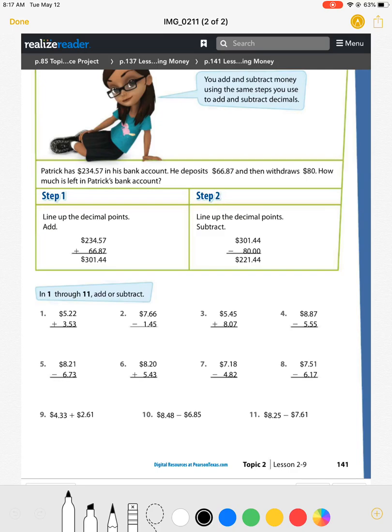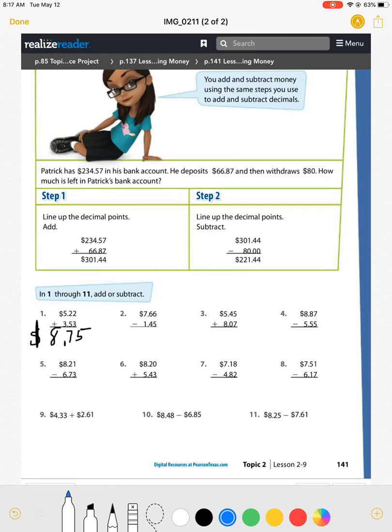So where do we start adding? We start adding in the hundredths place where the pennies are. 2 plus 3 is 5. 2 plus 5 is 7. 5 plus 3 is 8. So it's a total of $8.75.